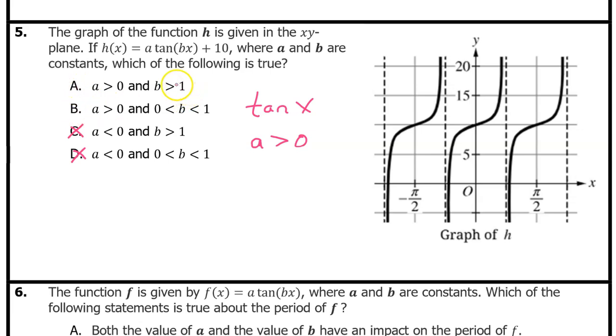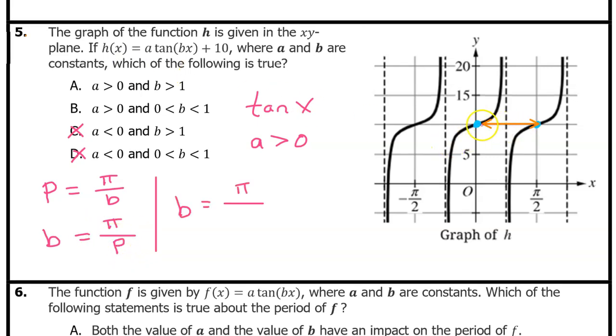Now we need to decide if the value of b is greater than 1 or between 0 and 1. We have learned that the period of the tangent function is pi divided by the b value. Or if you solve this for b by switching the period and the b, we know that the b value is equal to pi divided by the period for the tangent function.